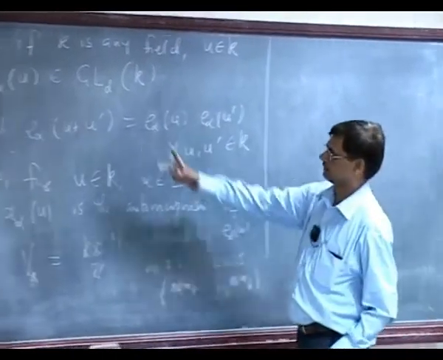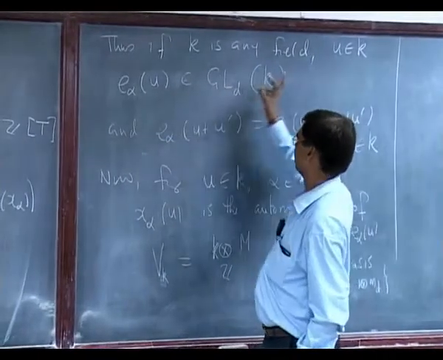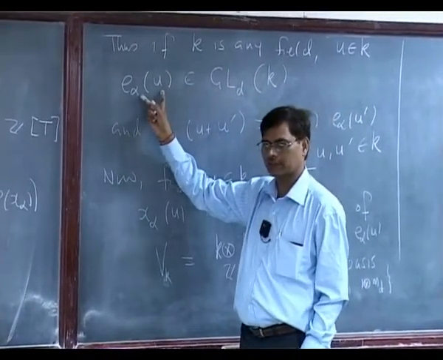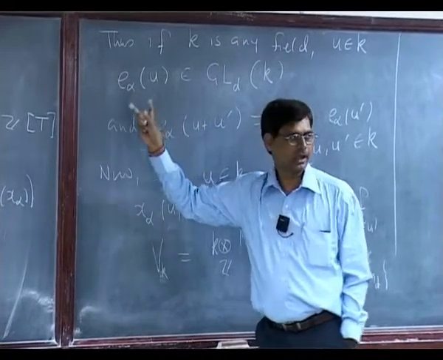So this is an invertible matrix with coefficients in K, of size D cross D. This defines an invertible linear transformation.